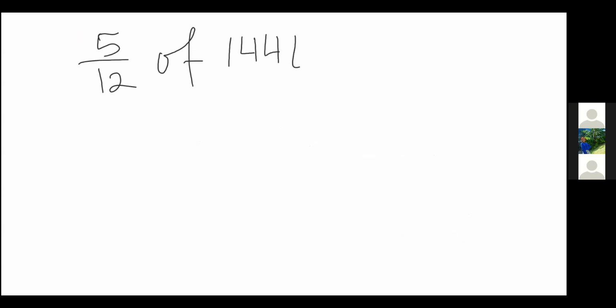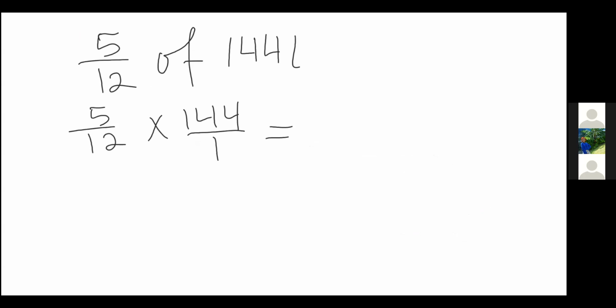Let's try another one. If I say 5/12 of 144 liters, that's going to be 5/12 multiplied by 144 over 1. I don't know if you all remember, there's such a thing as cross division.